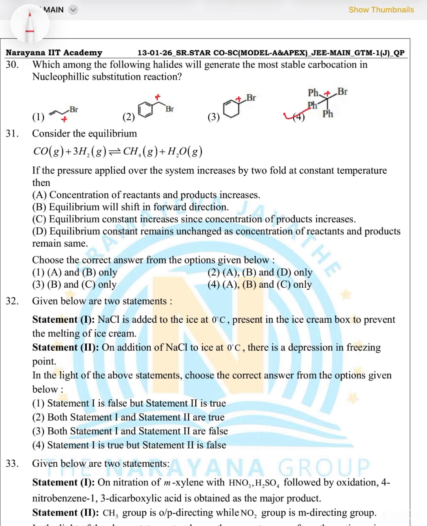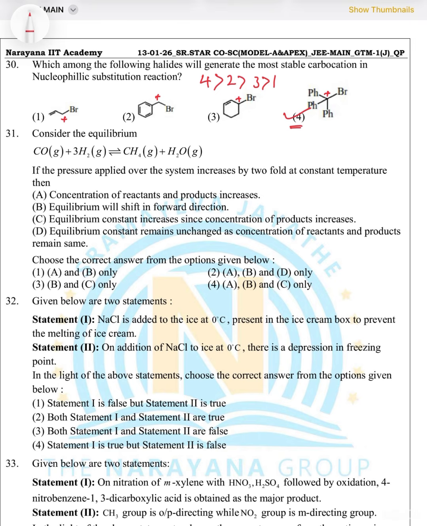So the answer is fourth. If you want to write the order, the fourth one is more stable than the second one, than the third one, than the first one. Allylic is also more stable, but among first and third, there is resonance stabilization. That's why 4 2 3 1. Fourth one is the answer for the given question.